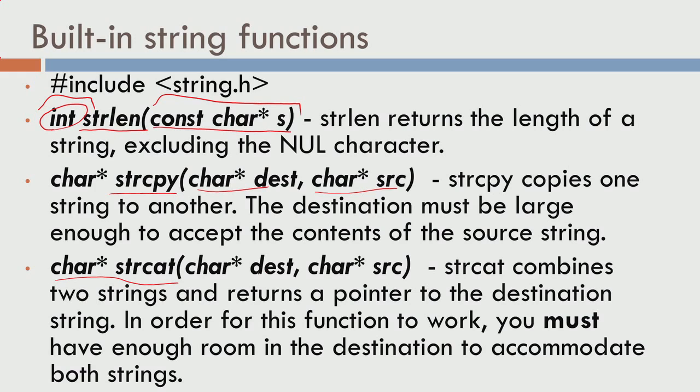Again, as before, we have destination and source. It will take source and concatenate it to destination. So destination must have space at least as big as the original string that you had plus the new string that you are concatenating.